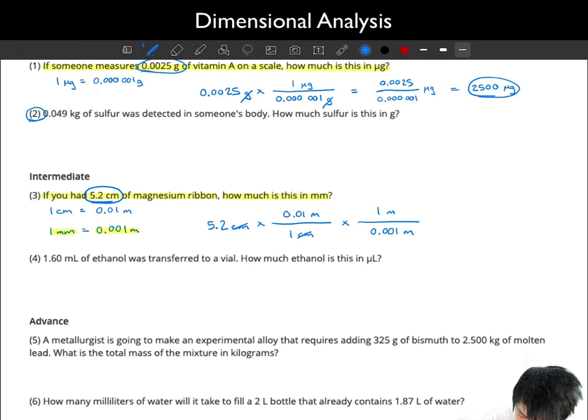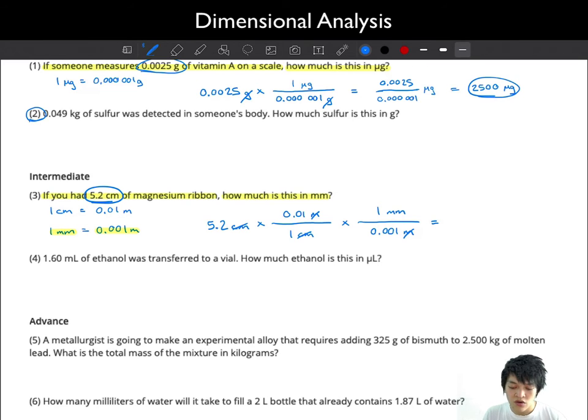1 millimeter. And if you take a look at the units that cancel out here, it's going to be meters and meters. What we're left with is millimeters. And you can see that that's what we want to stop at. So that's good. We're at the unit that we want to stop at, and that means we can write in our equal sign.